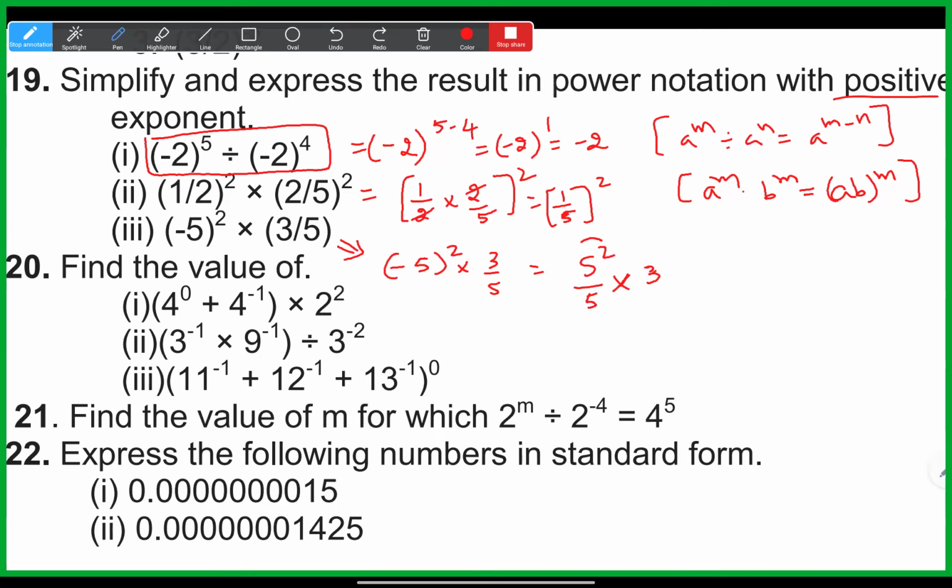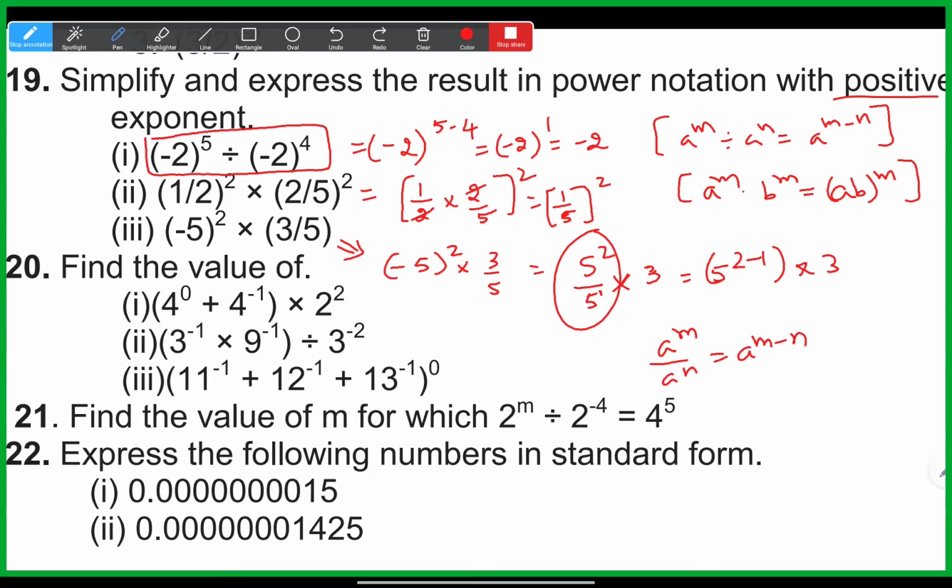So now for this, which law? a power m by a power n is a power m minus n. This 5 has no power, means 1 now. So it will become 5 power 2 minus 1 into 3. Which law? Here I have used a power m divided by a power n is a power m minus n. Any doubt? No, sir. Okay, sure.